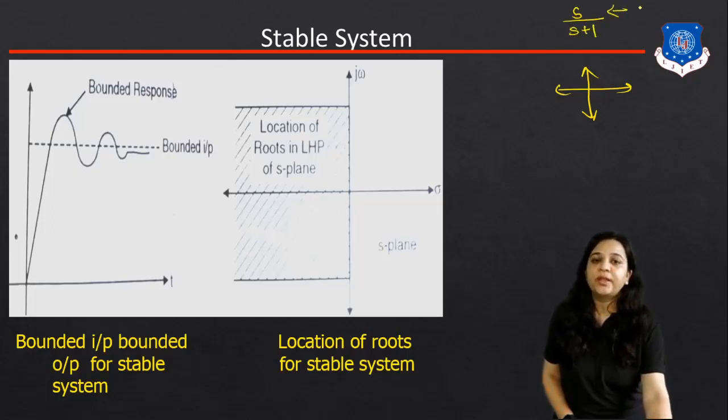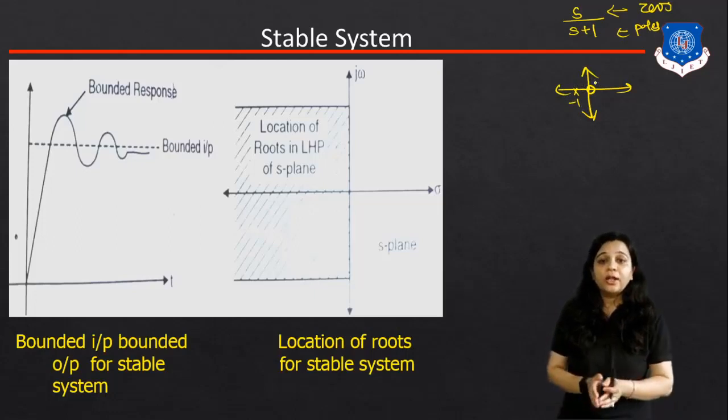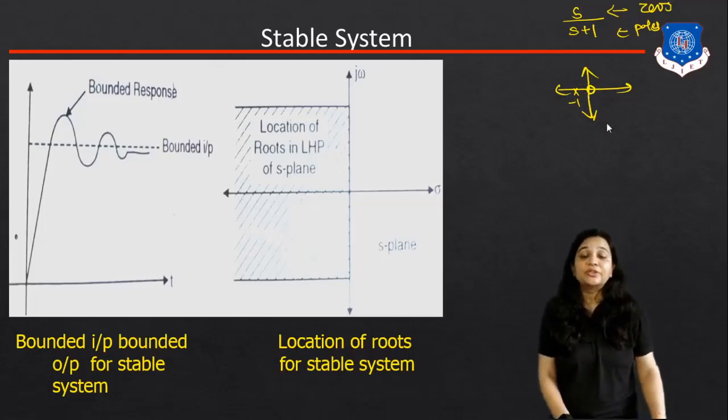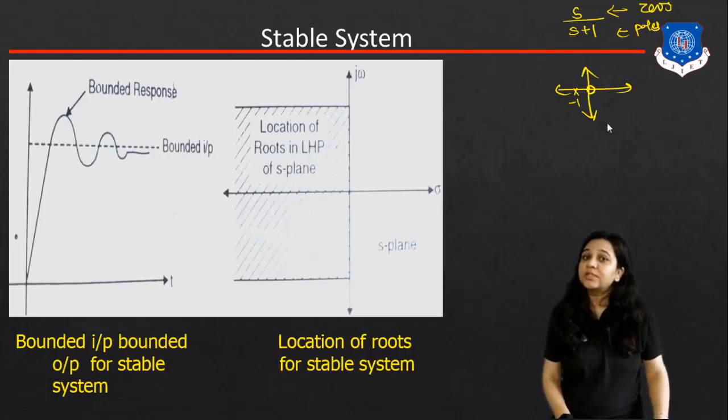The numerator gives the zero and the denominator gives the pole. So the pole is at -1 and the zero is at 0. A zero is always drawn as a circle and a pole is drawn as a cross. Here you can see that all the poles and zeros are located in the left hand plane, so that type of system response is known as a stable system response.